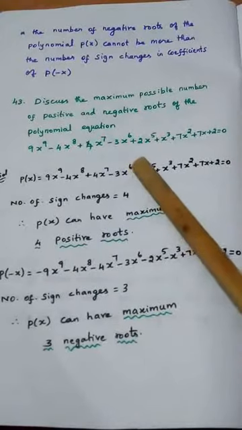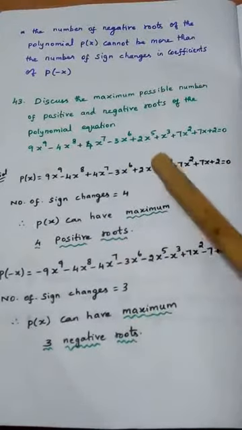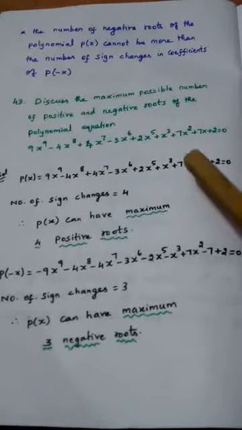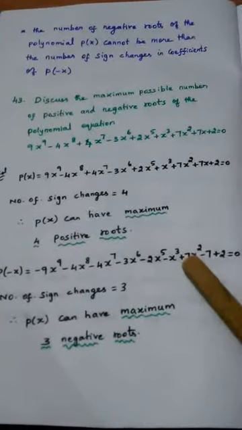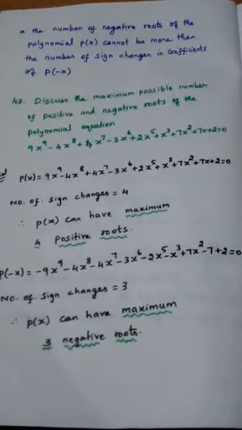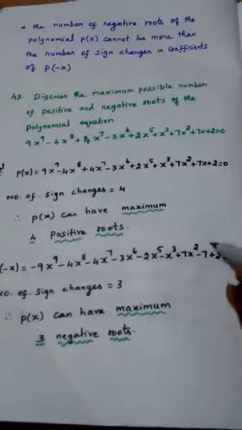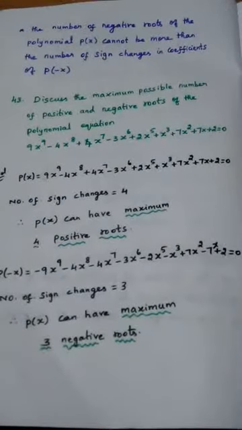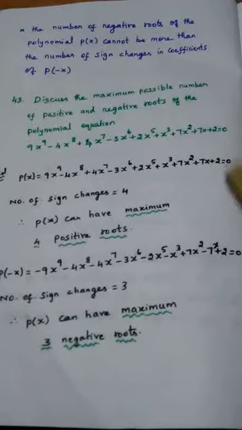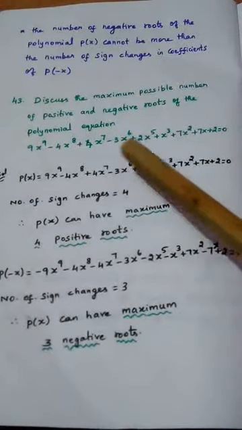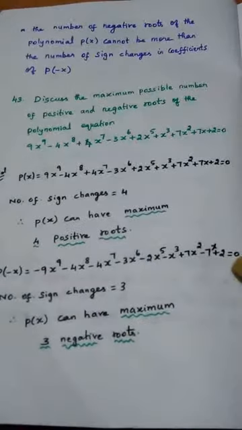Since this is even, sign will not change. Odd number, sign changes. Odd number, sign changes. Even number, sign will not change. Odd number, so minus 7x. I think I have left x here; this is not minus 7, this is minus 7x. And minus 7x plus 2 equal to 0. So this is p of minus x. From p of x, we should write p of minus x.